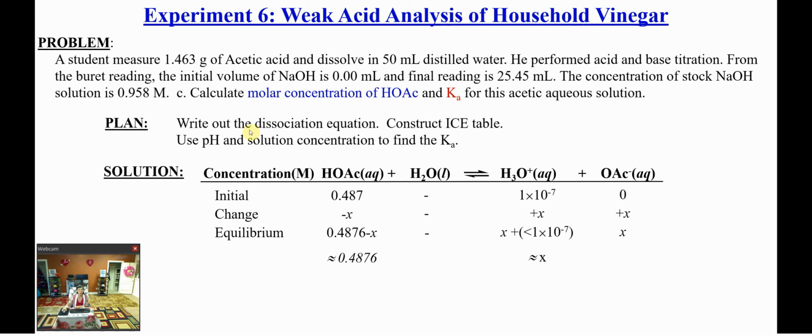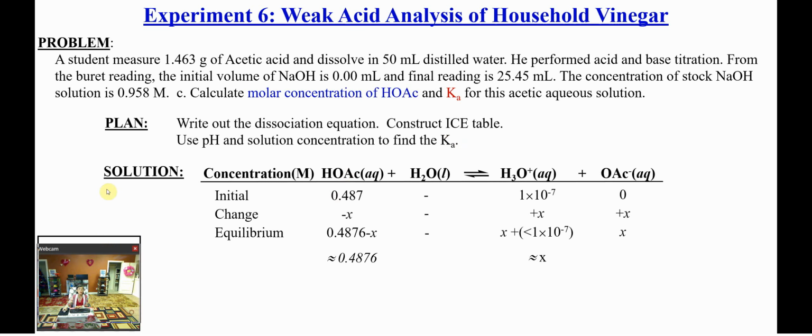How do you determine it? You are going to construct something we call the RAS table or ICE table: initial, change, equilibrium. And then you are going to determine the Ka by using this table.